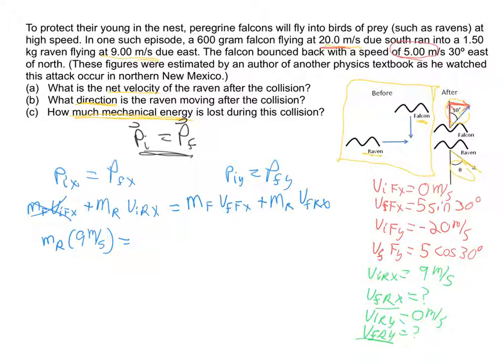And that's going to be equal to the mass of the falcon, I guess I could put the numbers in if we want, but I'm just showing you partially to help you visualize, times the 5 sine 30 meters per second, plus the mass of the raven times v final of the raven in the x direction. And so what you can see here is you know everything except for v final of the raven in the x. So you can actually solve from here. V final of the raven in the x direction equals some number.